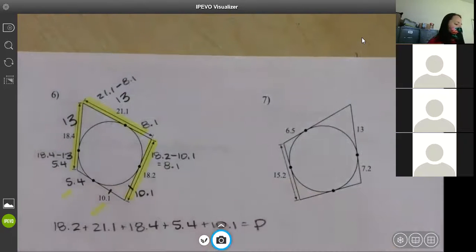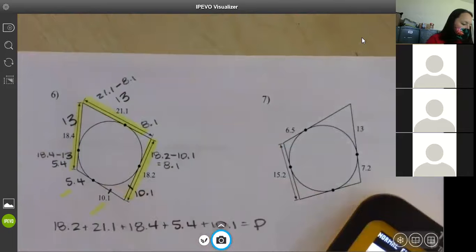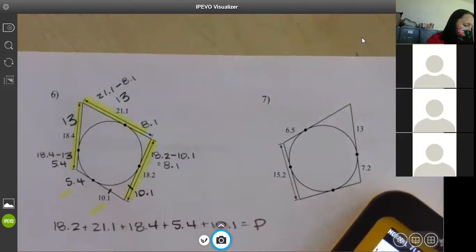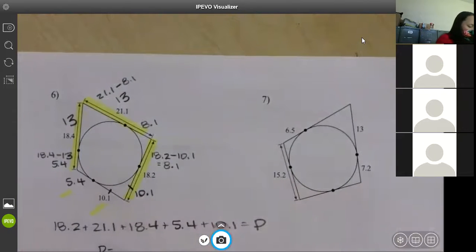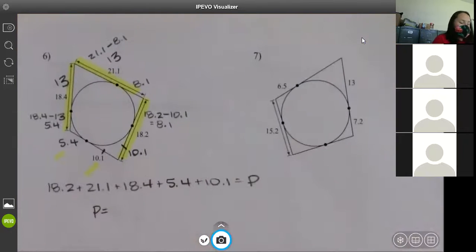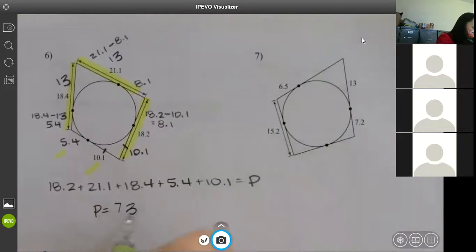And literally just add those up. So 18.2, 21.1, 18.4, 5.4, 10.1. What'd you guys get? Perfect. And that's it.